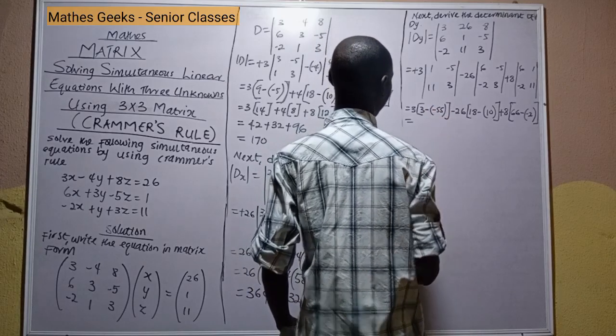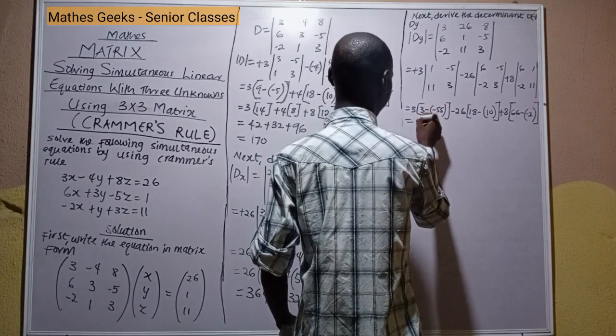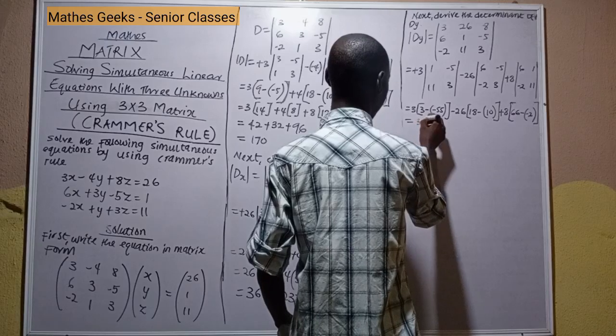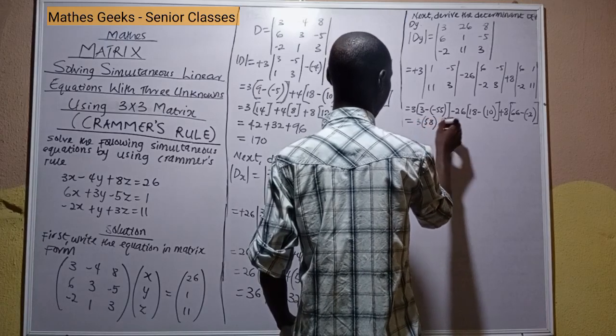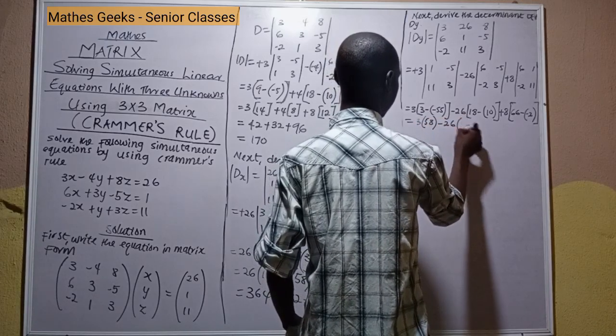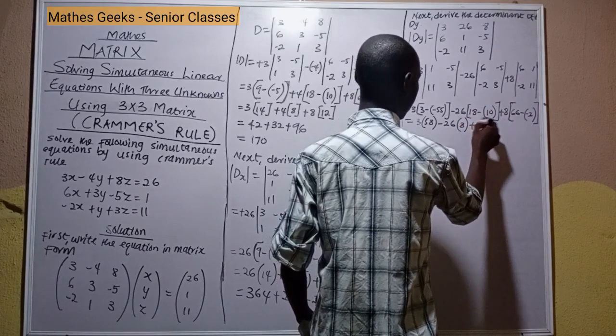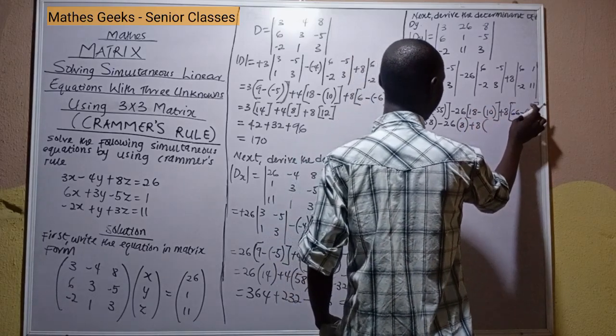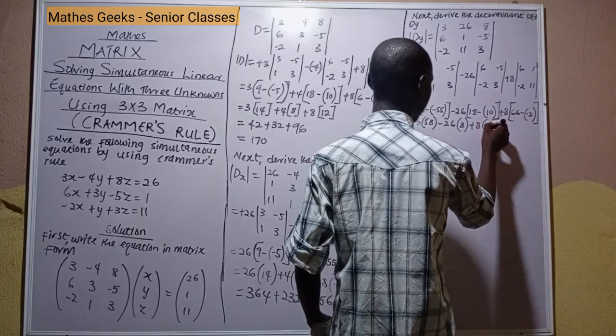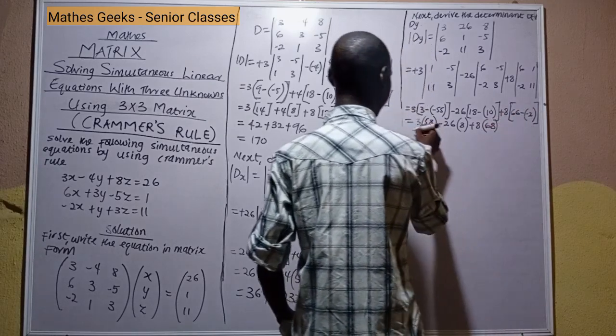Minus times minus is plus, 3 plus 55 is 58. 18 minus 10 is 8, plus 8. 66 minus times minus is plus 6, plus 2 is 68.